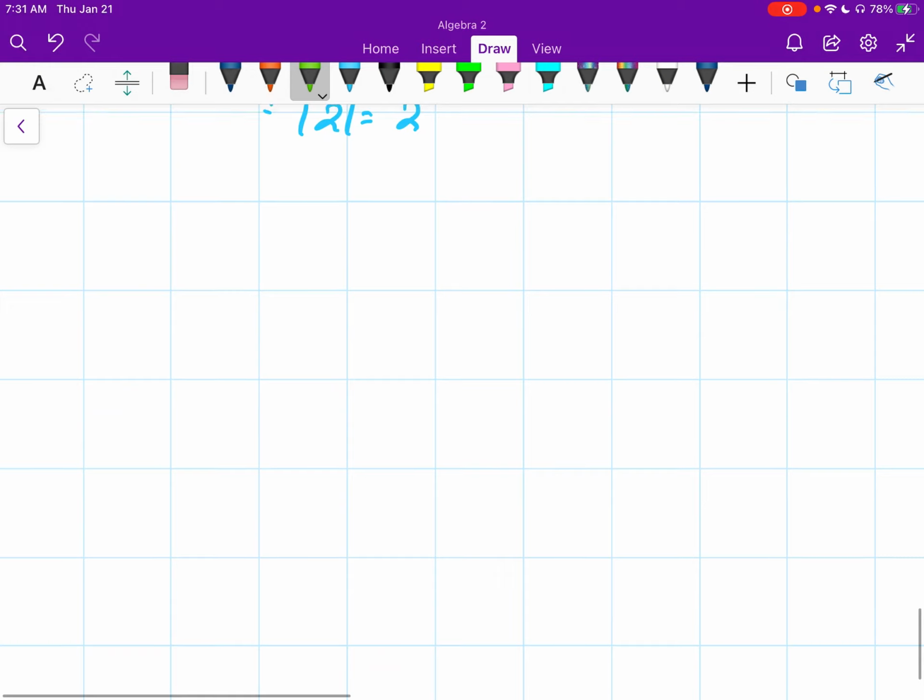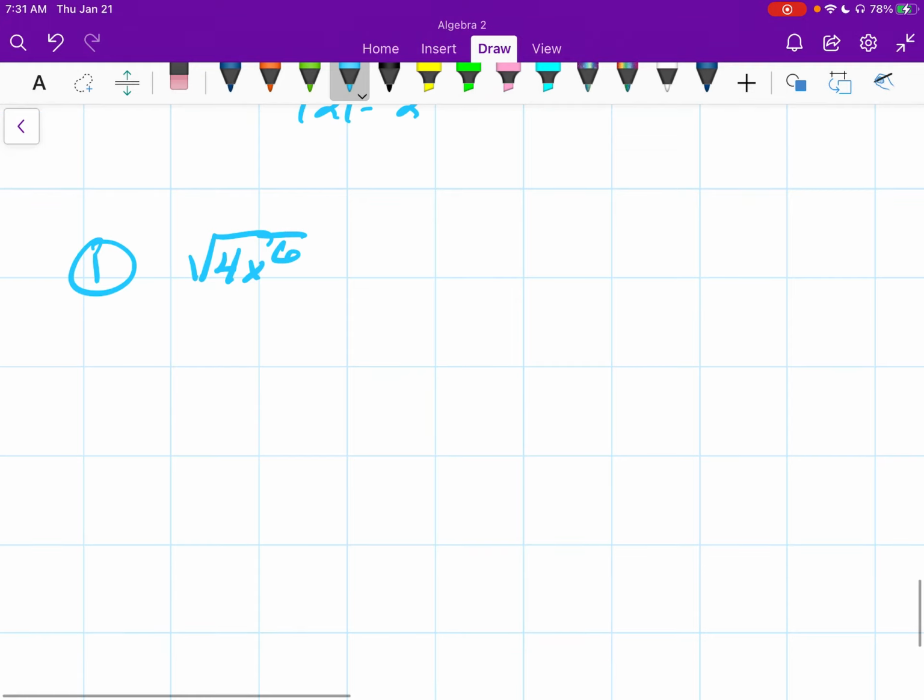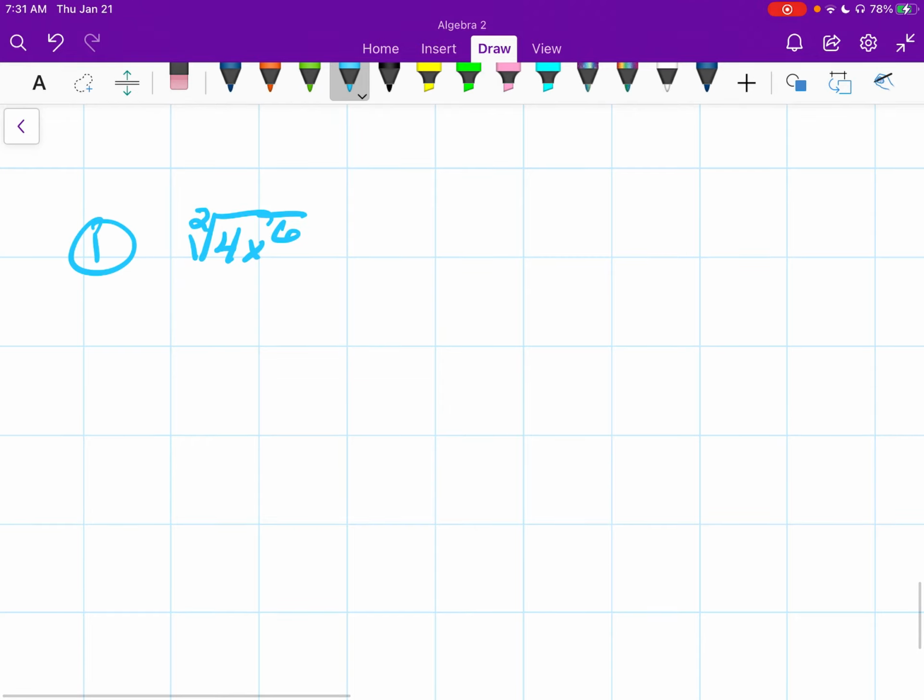All right, moving on. Let's do some examples. Let's start off with the square root of 4x to the 6th. Now, I know that I've done some of these with you before. We're talking about the square root. We might want to put that little square sign in there, or the little 2. We're looking for pairs of items to go outside the root.